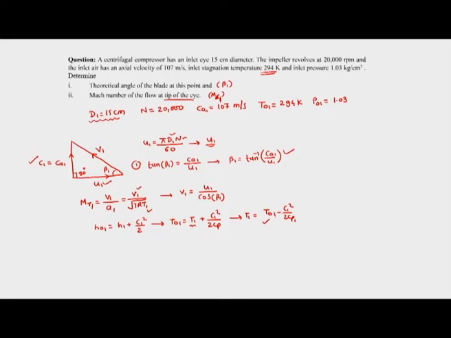So this is known. The axial velocity is known, 107. Cp is known for air, which is constant, 1.005. So knowing these things, we know T1. So we know everything in this formula, and we can find out the relative Mach number at the tip of the eye of the compressor.